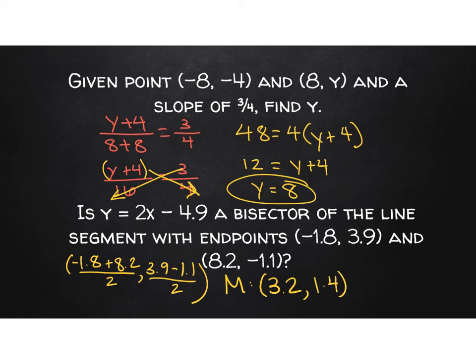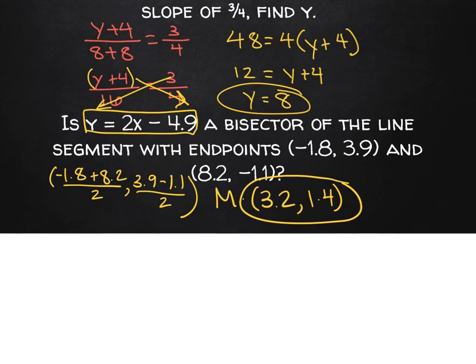The question now is, does this point lie on this line? The way I check is by plugging my x value in and seeing, gee, do I get that y value out? So I need to know, does 1.4 equal 2 times 3.2 minus 4.9?